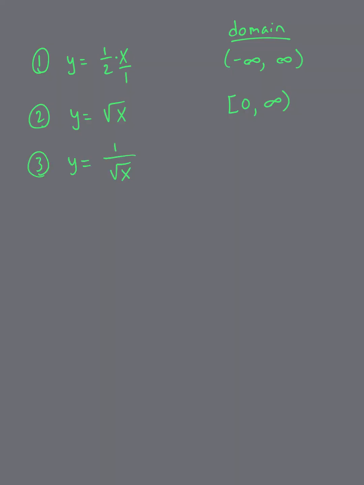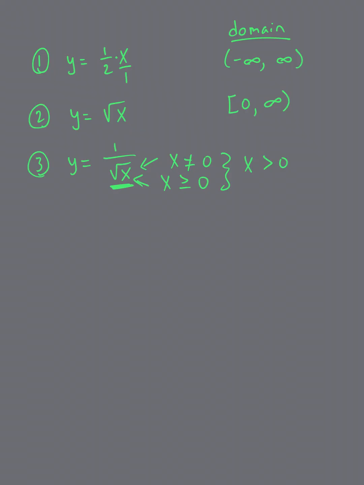For the function y equals 1 over the square root of x, this x value here, since it has the square root, usually has to be greater than or equal to 0. However, it's in the denominator of a fraction, so it cannot equal 0 because that would make the function undefined there. So our domain is that x has to be greater than 0.